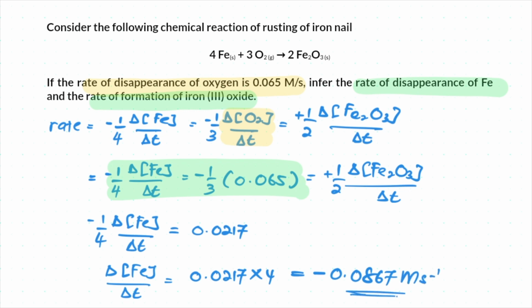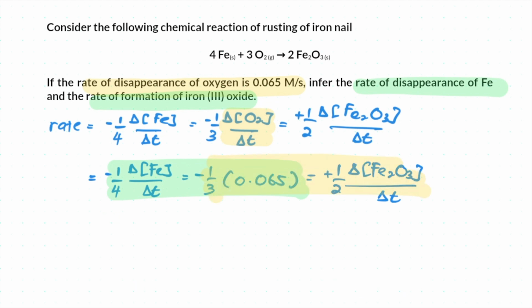So we are going to do the rate of formation of iron trioxide. For the rate of formation of iron trioxide, we are going to look at these two. Therefore, from here we get 1/2 delta concentration of Fe2O3 over delta t is equivalent to 0.0217.